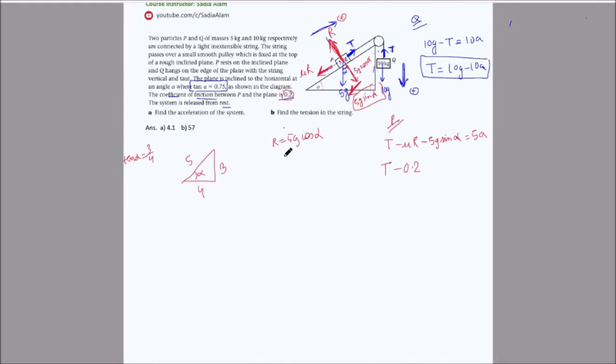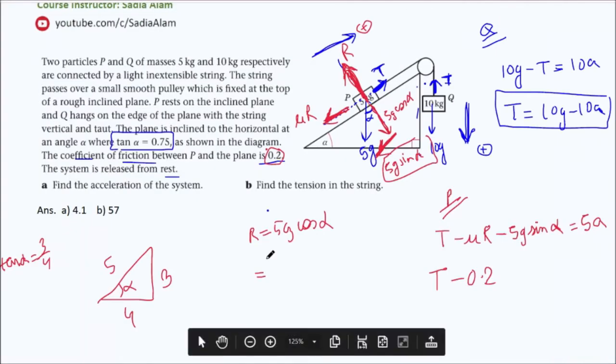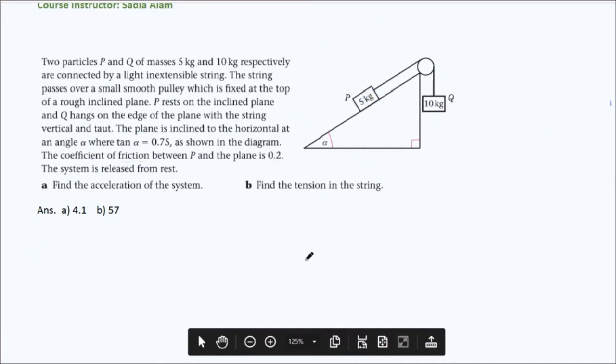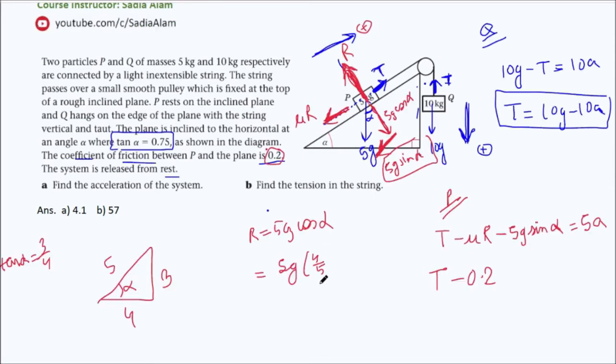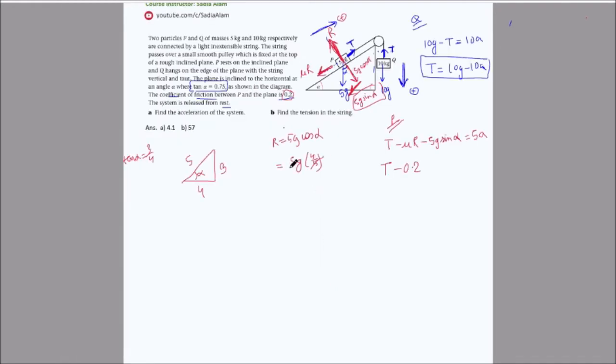From here you can see that cos is adjacent by hypotenuse, right? So cos will be 4/5. If you cancel out 5, you get 4g. And we need the value for sin alpha, which will be opposite by hypotenuse, so 3/5.